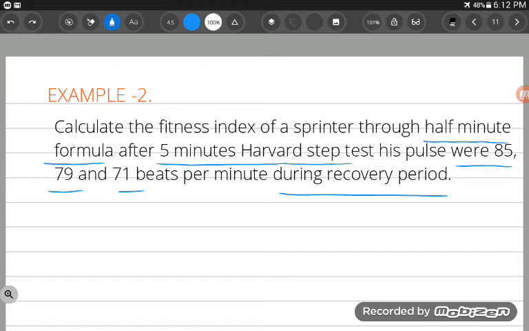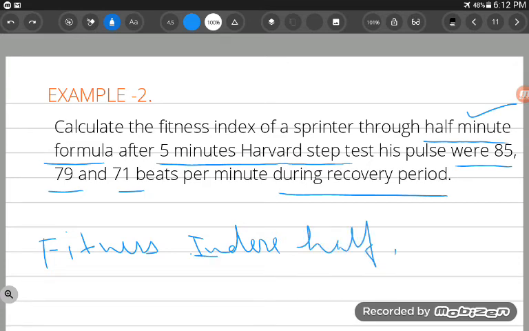First, fitness index. The question tells half minute, so fitness index half minute formula.